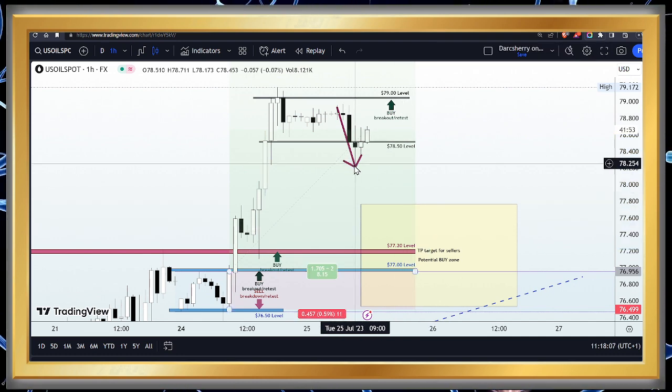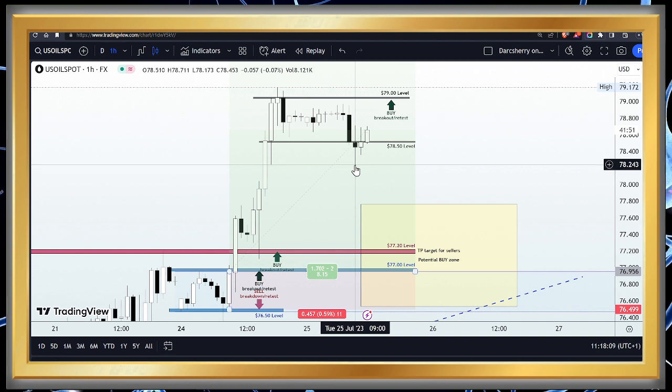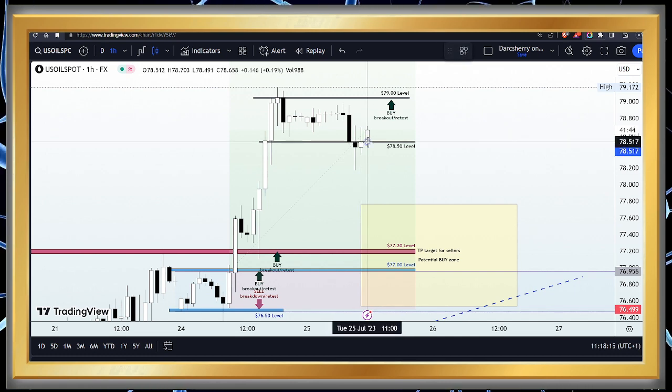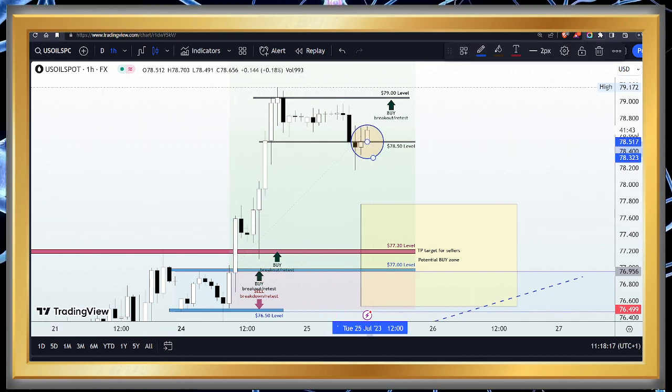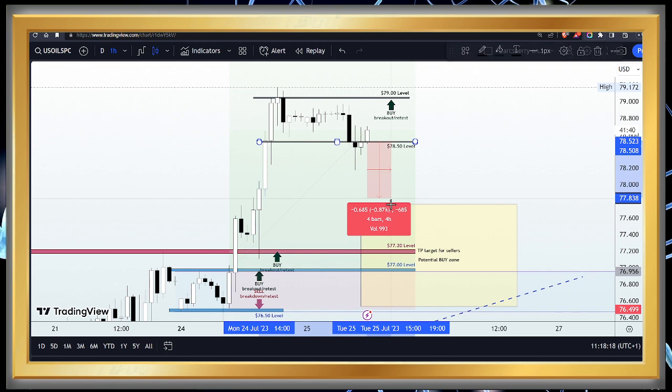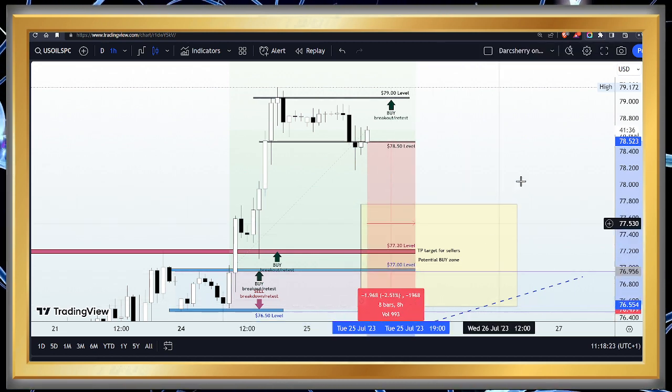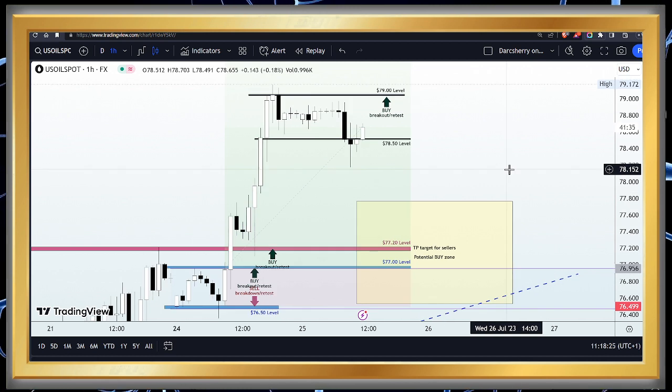So if you are a counter trend trader, a scalper, and you feel comfortable taking counter trend opportunities, then you want to have a sell stop order below the $78.50 level to capitalize on a minimum of 75 pips to a maximum of 200 pips move before we start looking out for buying opportunities.